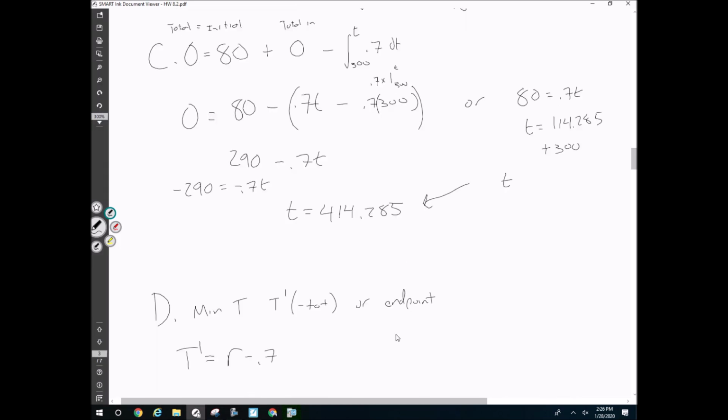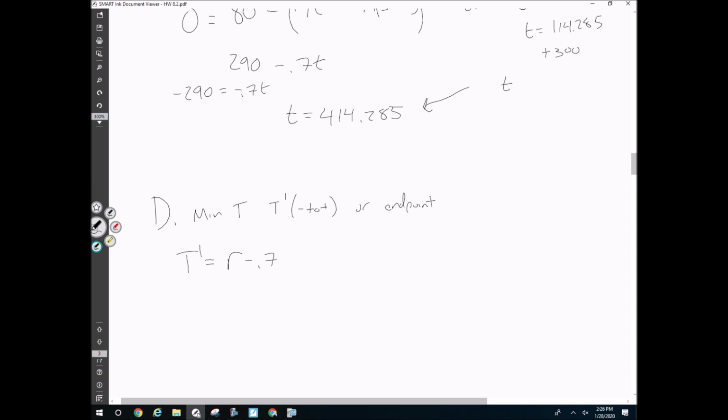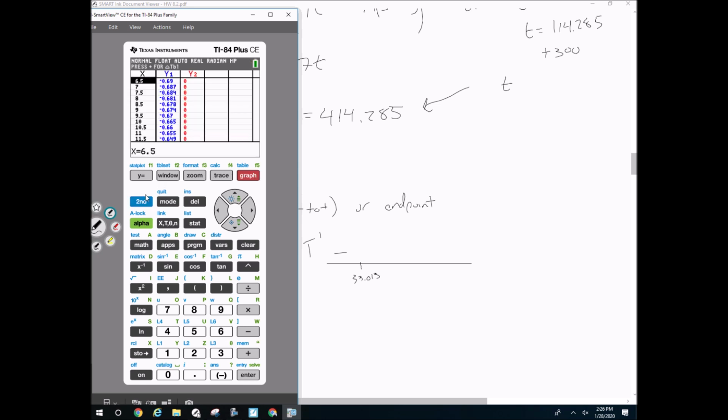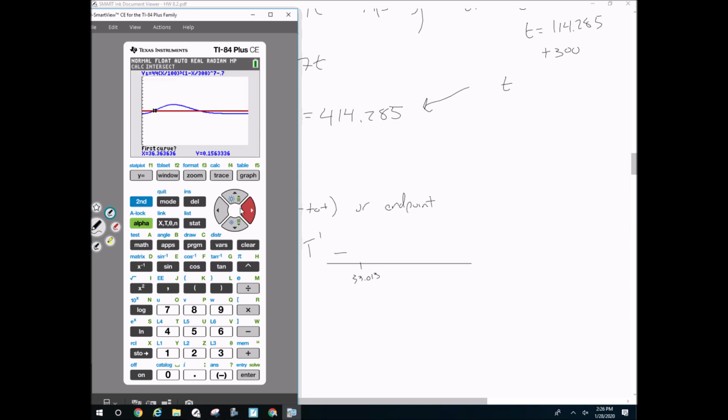Okay, we got some stuff here. So we got t prime value that is going to be negative until 33.013, and positive until 166.574.